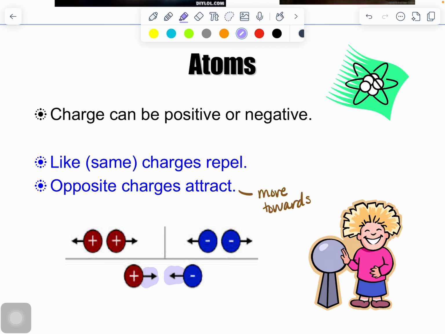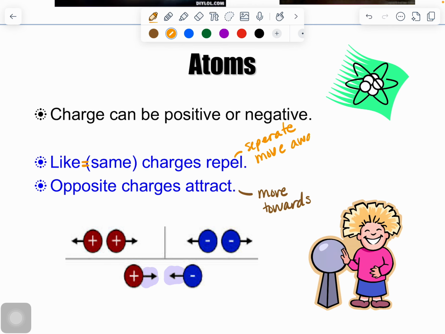If we look at the pictures above that, we're now looking at two charges that are the same. When we say like charges repel, that word like means that they are of the same charge. So two positives or two negatives. The word repel means that they want to separate or they want to move away from each other, okay?